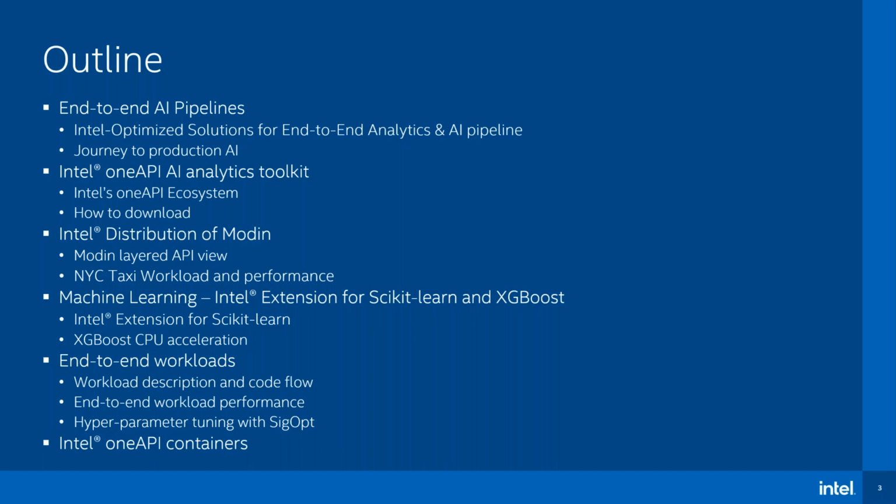And then Rishab will also talk about a few end-to-end workloads, and then end with some auto hyperparameter tuning. And then finally, we'll touch upon ready-made or validated Intel oneAPI containers for some of these workloads that you can go try yourself. Okay, so let's go to the next slide.